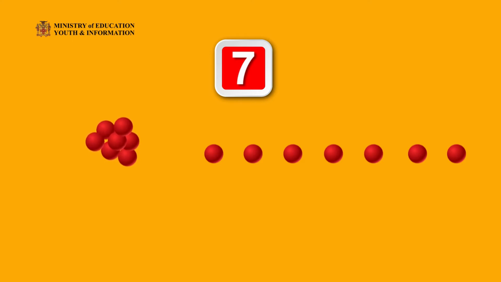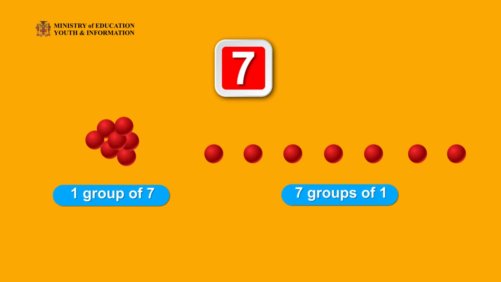Exactly. You are absolutely correct. We can only arrange 7 into 2 even groups: 1 group of 7 or 7 groups of 1. Therefore, 7 has only 2 factors. These are 7 and 1.